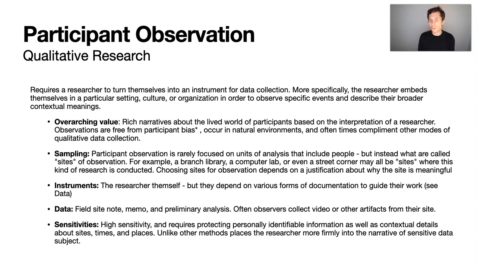The field note gets transformed at a later time, after one leaves a field site, into what's called an analytic memo. Now, the analytic memo tries to make sense of the observation period that we just engaged in. So this means oftentimes we try to explain to ourselves first, what did I just see? What were the things that people were just doing in that computer lab, and what does that tell me about ultimately answering my research question?